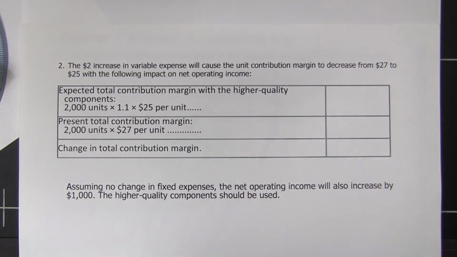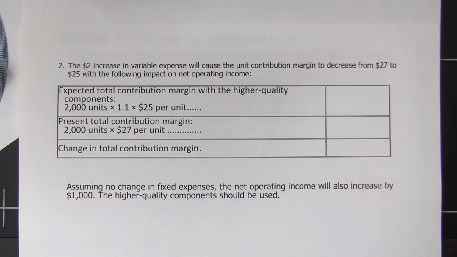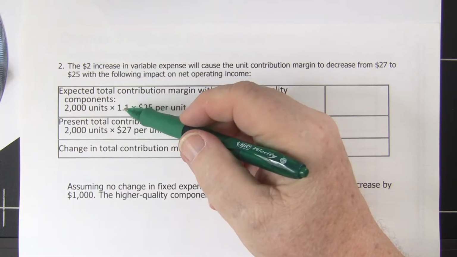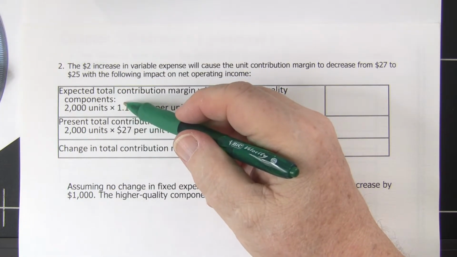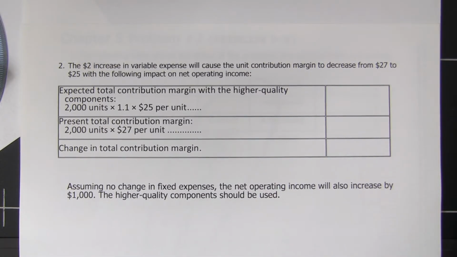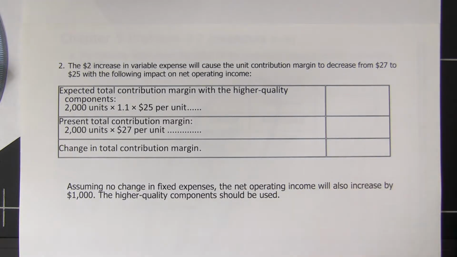So let's take a look at this. We're increasing our cost by 10%. That's the 1.1, 10%, because we have to pay the whole cost plus 10%. So we multiply that, or you could just add 10% per unit.